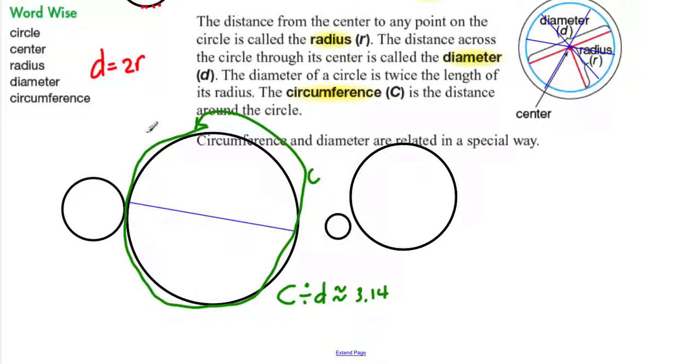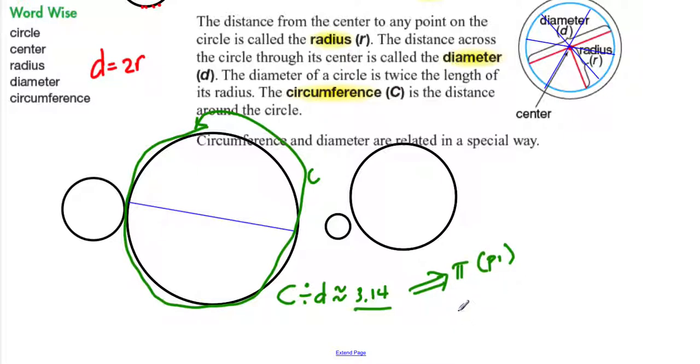In any perfect circle, if I divide the circumference by the diameter, every single time you'll end up with a value of 3.14. This 3.14, in math, is called pi.